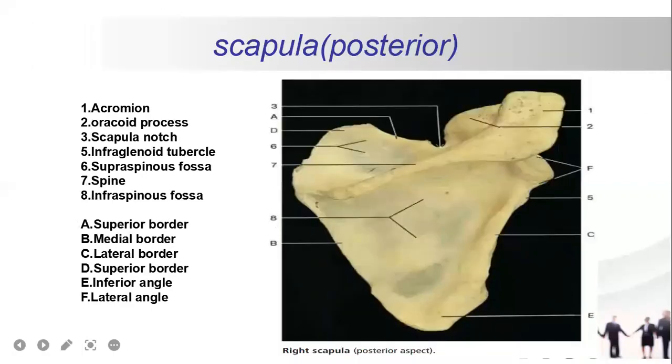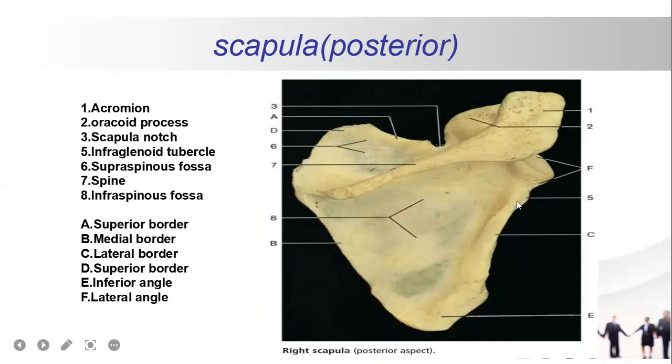Then on the posterior surface of the scapula, we can identify the following structures. Number one, as usual, is the acromion. Then number two, we have the coracoid process. Sorry for some spelling errors, that's just electronic errors. Number three, we have the scapular notch.